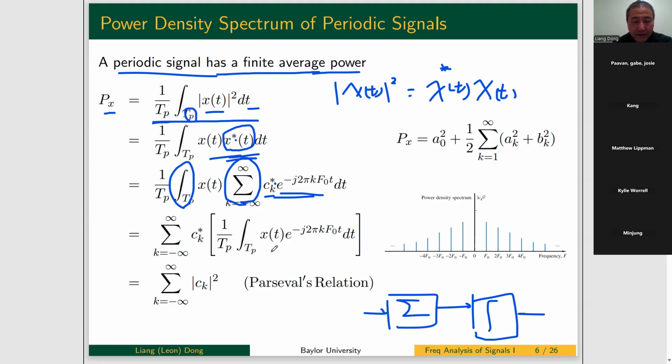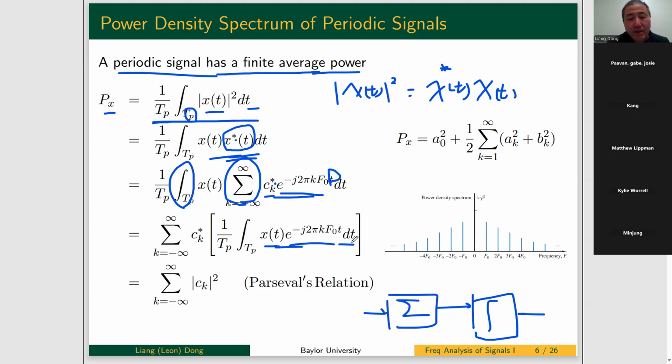Here I am doing the integration first with respect to x(t). The integration variable is t, therefore I have a t here, so this part should be inside my integration: e to the minus j 2 pi k f naught t dt.